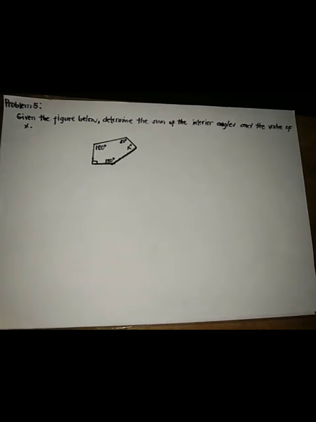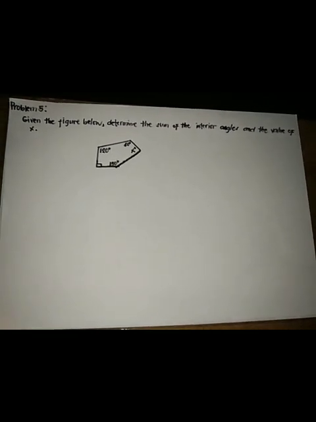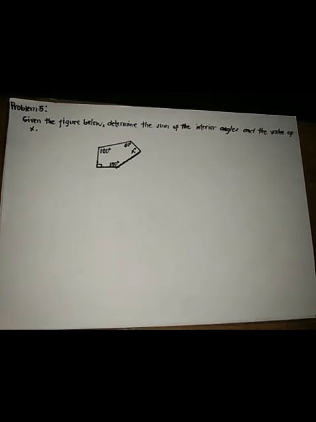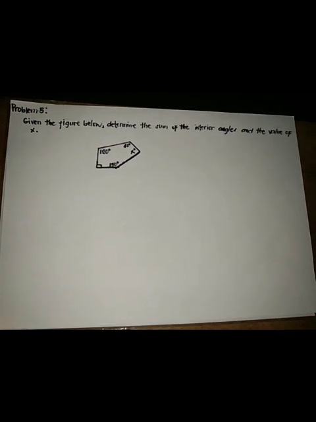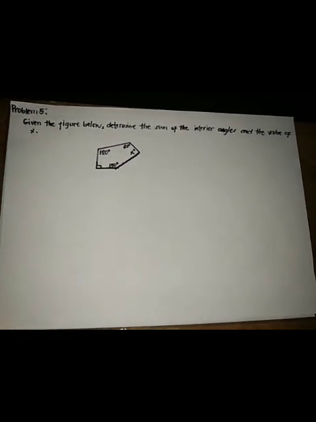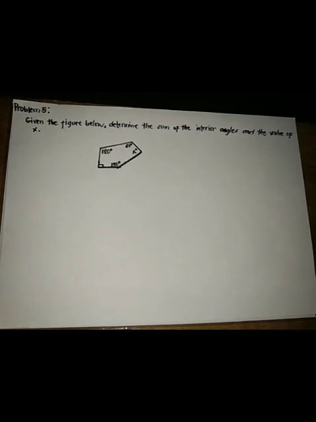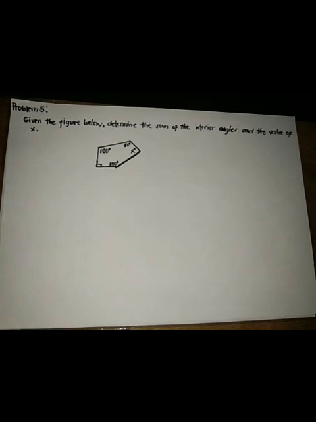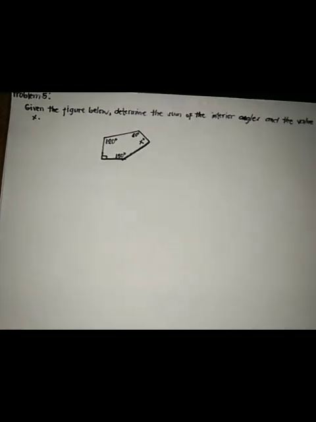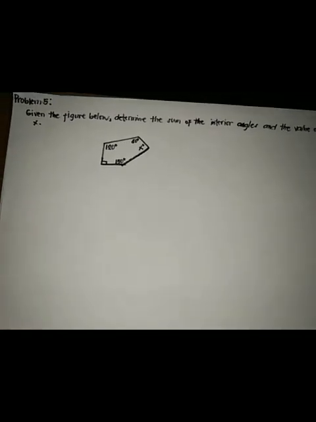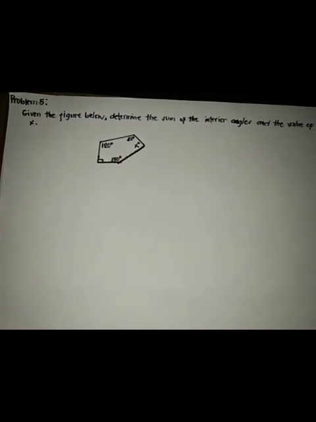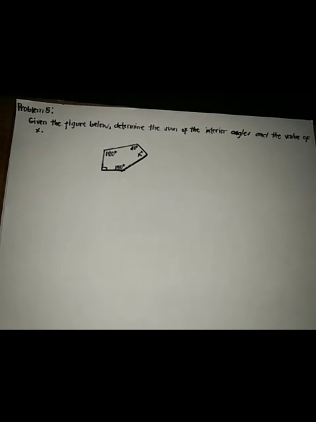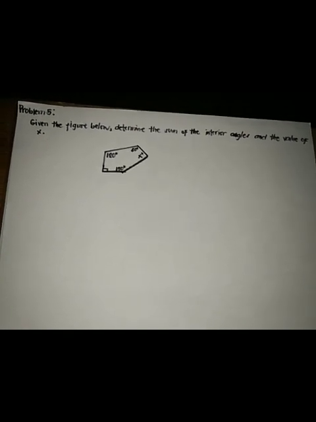In solving the given problem, we need to determine the sum of the measure of all the interior angles of the given figure, then use the result in finding the m angle x. So first we find the sum of the measure of all the interior angles using the number of sides of the polygon.